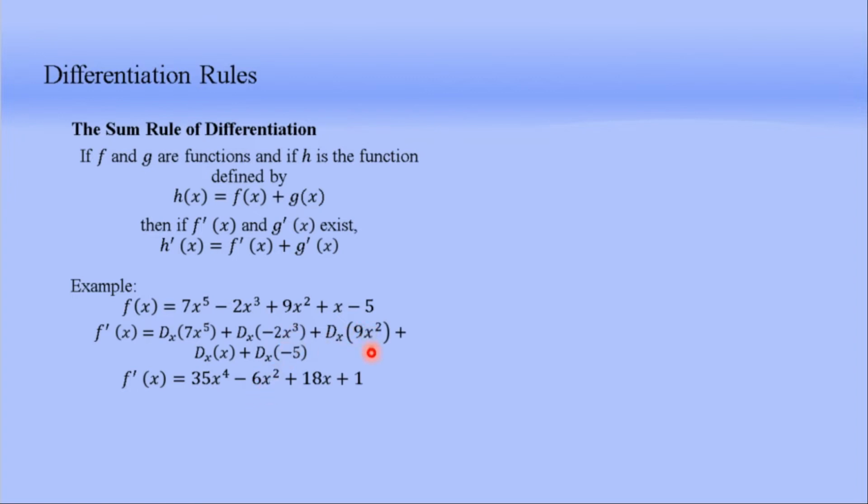Now, we're going to find the derivative of the third term, 9x squared, because as with the previous two terms, we'll utilize the constant multiple rule of differentiation and the power rule for positive integers. So 9 times 2 is 18, and 2 minus 1 is 1. And so we don't have to put the exponent 1, which is going to be x. So the derivative of 9x squared is 18x.